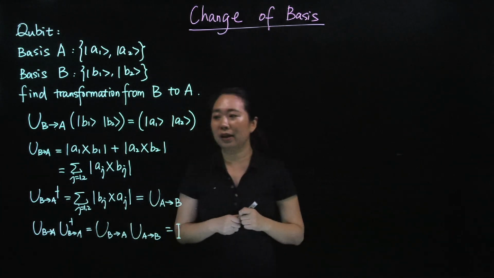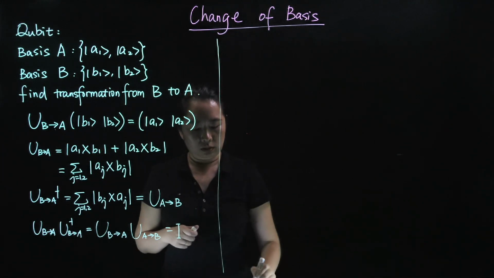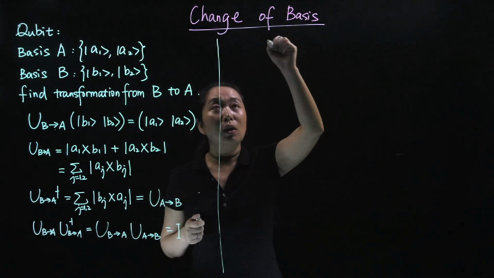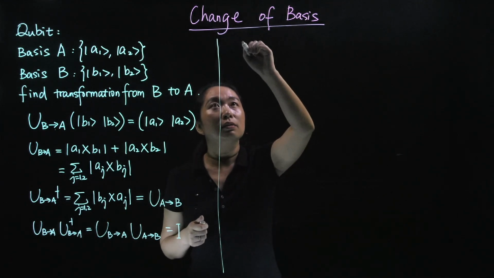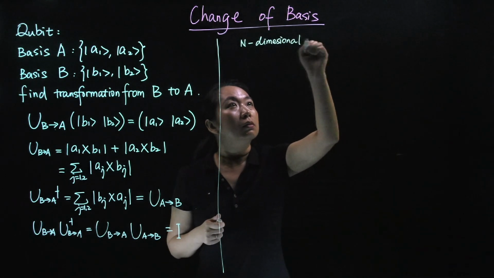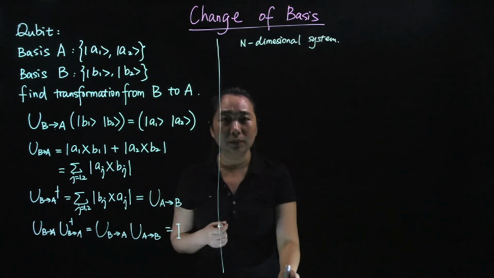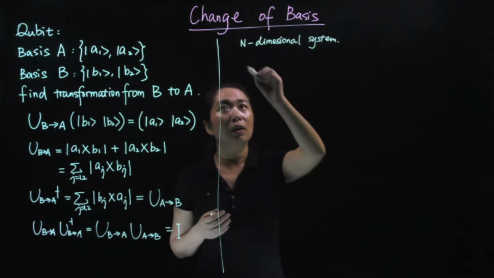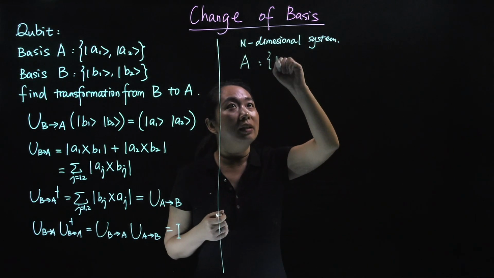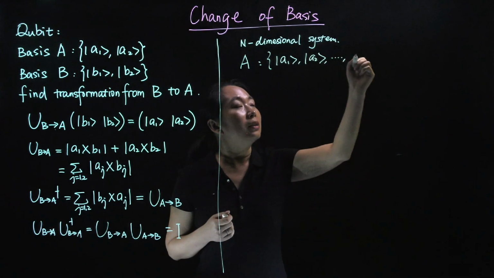This change of basis can be extended to arbitrary dimension. Now, suppose we have a quantum system of dimension n. In this n-dimensional quantum system, we have two different bases, one denoted by A, that has the basis states A1, A2, and An.